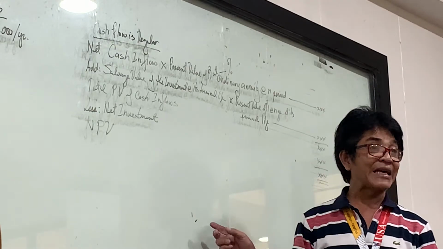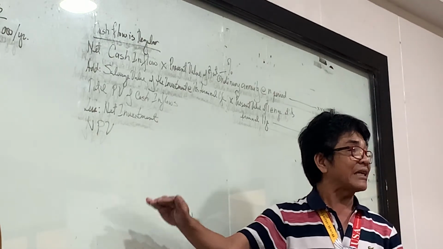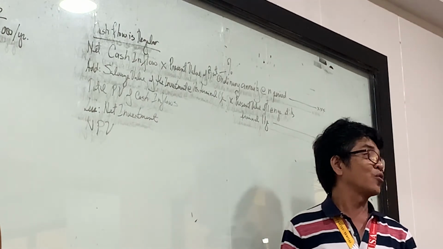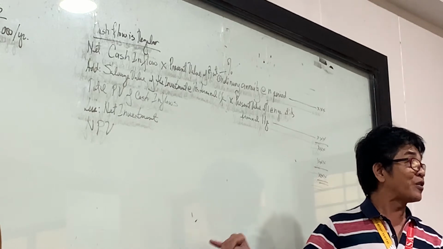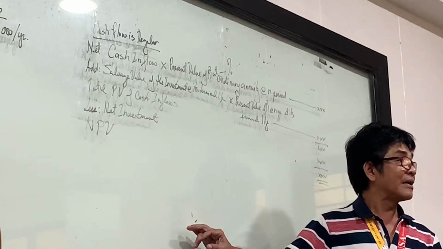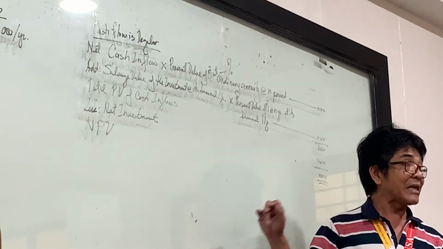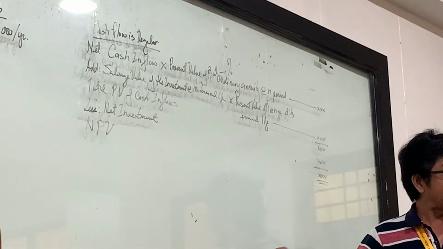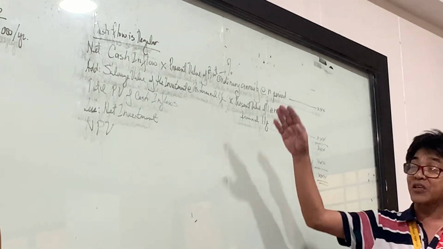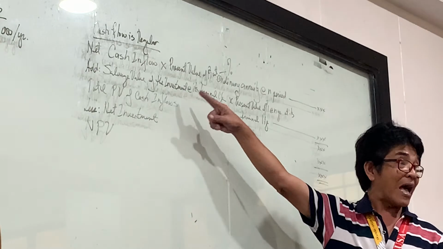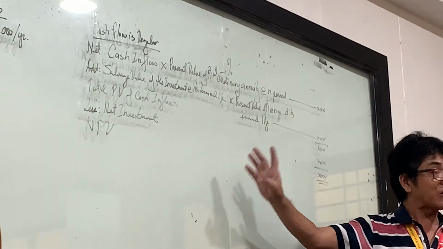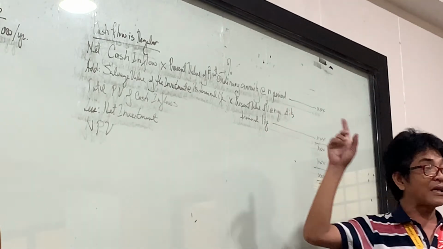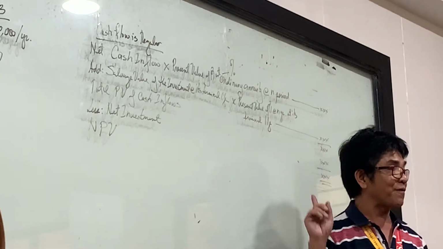Kung lain-lain, then for each cash inflow, you have to multiply it with the present value factor of that year, using the same desired rate of return or cost of capital for every year. Then we accumulate. Again, we add the salvage value. That will be the total present value of cash less the net investment. That will give you your net present value.